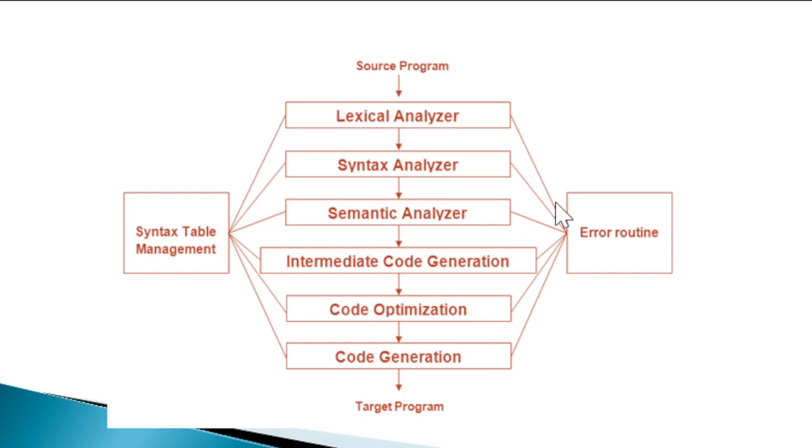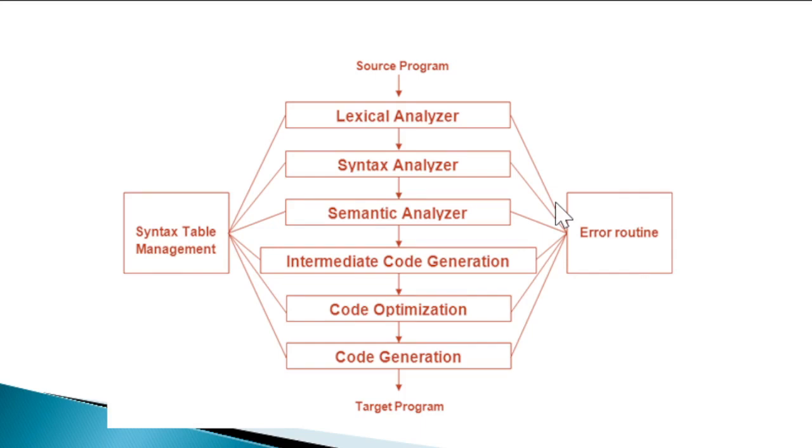The symbol table is attached to all 6 phases. That is the main data structure used in compiler design. It includes the structure of identifiers and their general details. Error routines are also attached to the 6 phases. They generate an error based on any mismatch in any one of the phases.